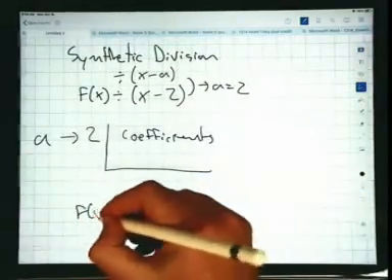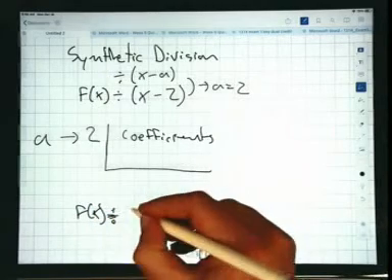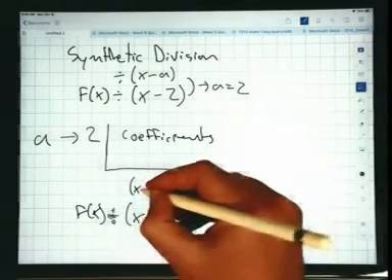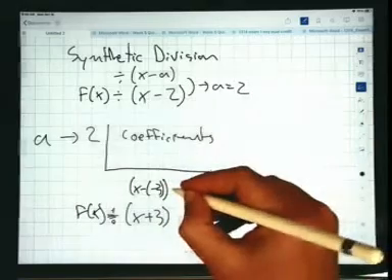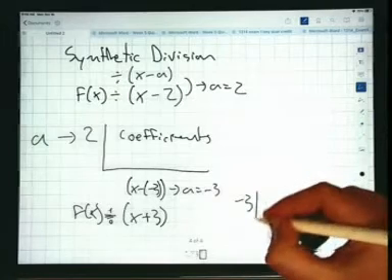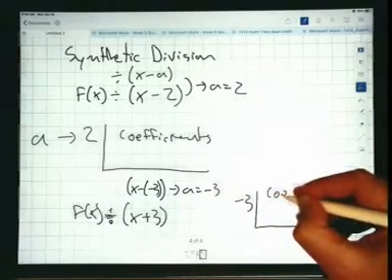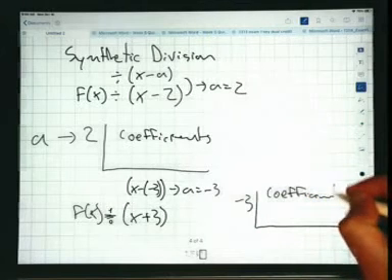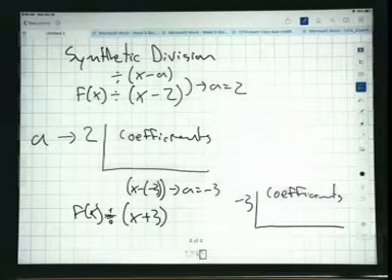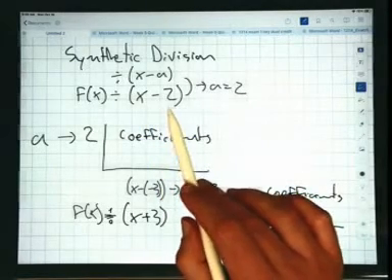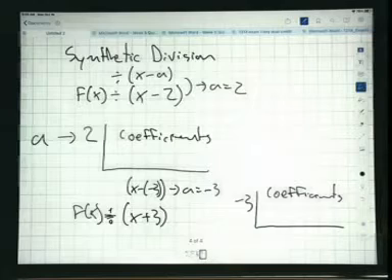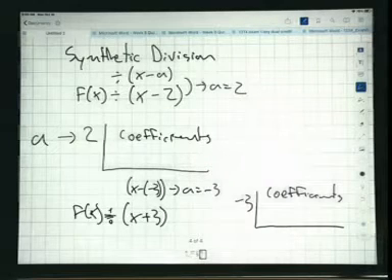But if you had f of x divided by, let's say, an x plus 3, since I can rewrite this as x minus a negative 3, that would mean that a is equal to negative 3. So then you would have negative 3 out here, and then your coefficients. So remember what your a is. For x minus 2, a is 2, but for x plus 3, your a is actually negative 3. Remember what that means. All right.